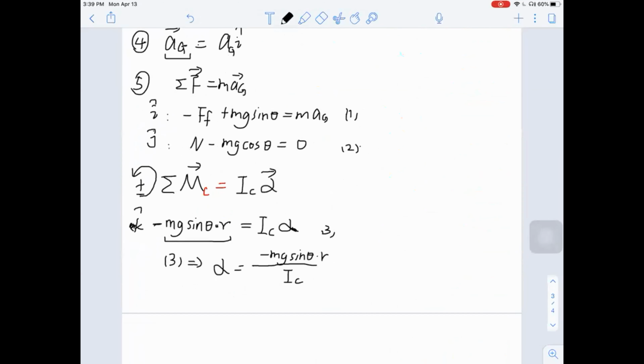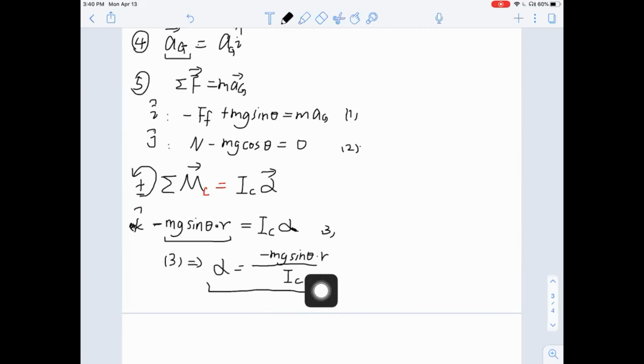Now we have an expression for alpha. On the top, we have negative mg sine theta r. We know they both have the same mass m, and theta is fixed. The radii are the same. So on the top, we don't really get any information for alpha. But if we look at the bottom, that's I_C.